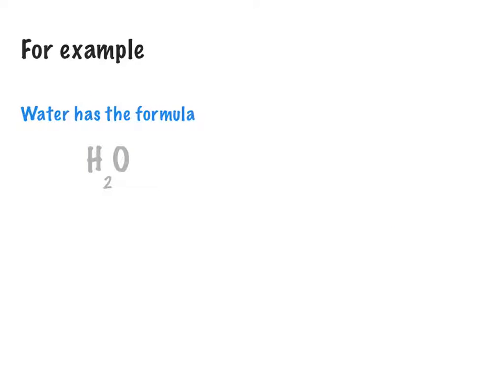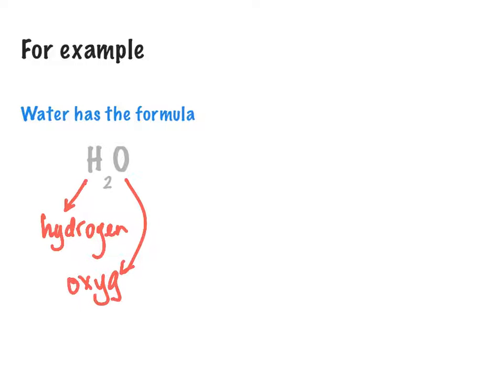So let's do the same thing with this one. Water has a formula, H2O. Everyone knows that. So let's have a look at what this means. Well, H stands for hydrogen. O stands for oxygen.